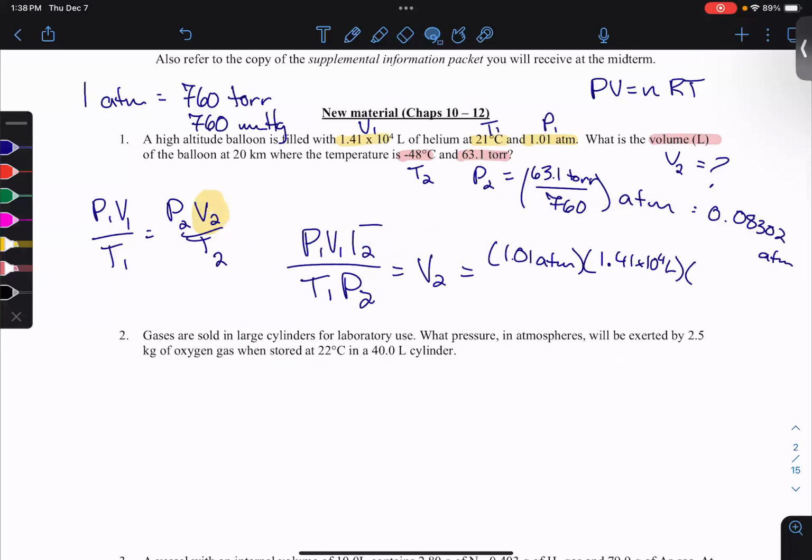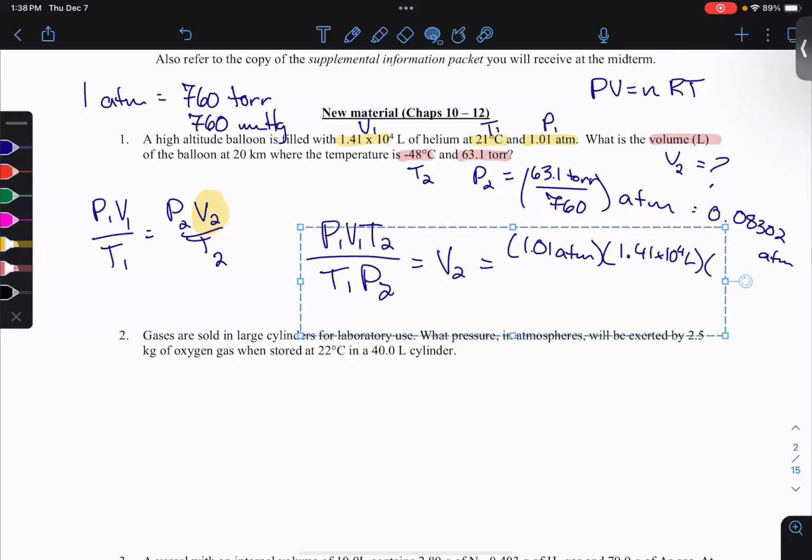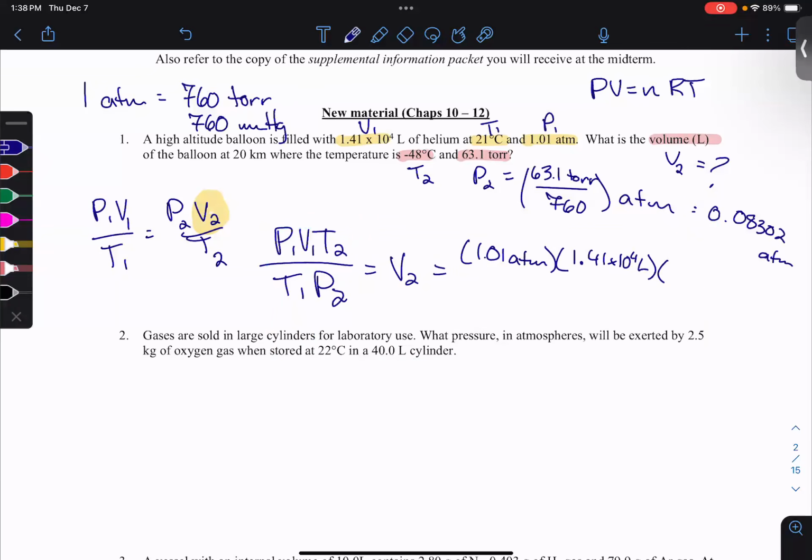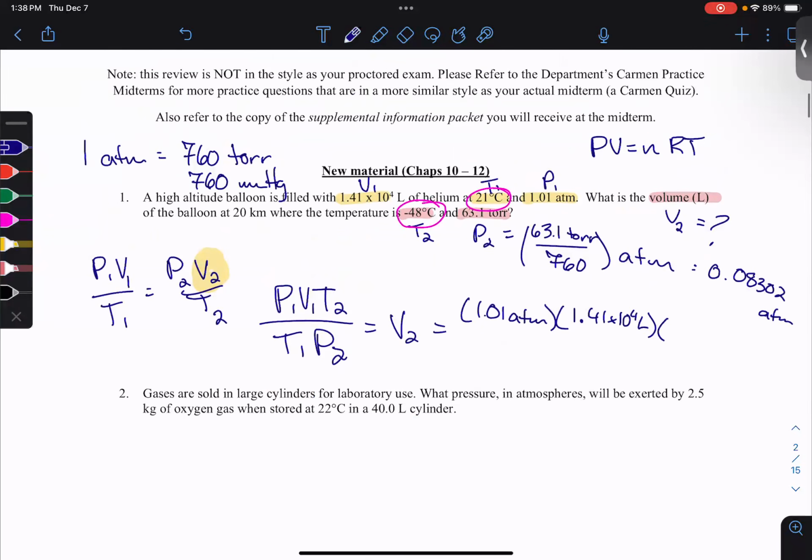Why did I make this so messy for myself? The new temperature, so do recognize that these temperatures are in Celsius. They should be in Kelvin. That equation is given to you, where Kelvin temperature is equal to your Celsius temperature plus 273.15. So I'll just do 273 plus 21 up top there.